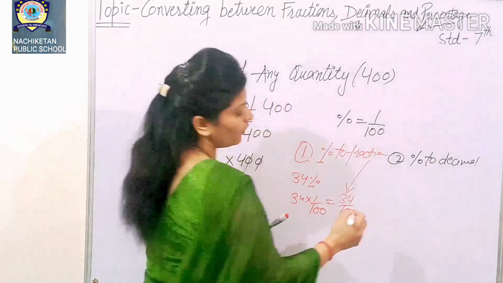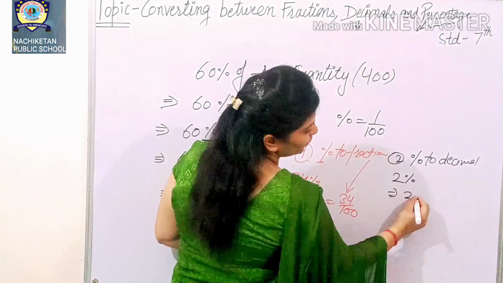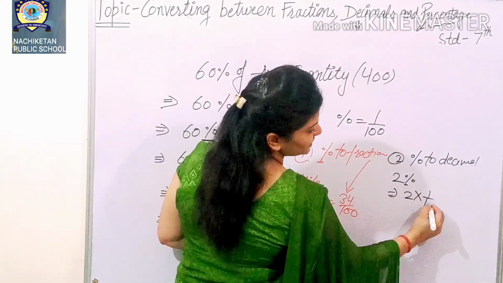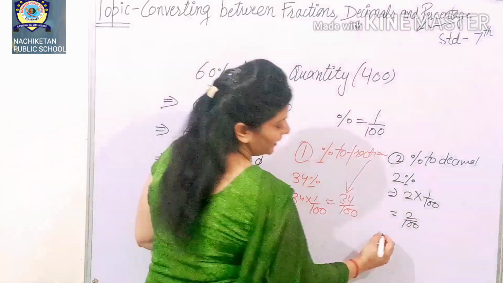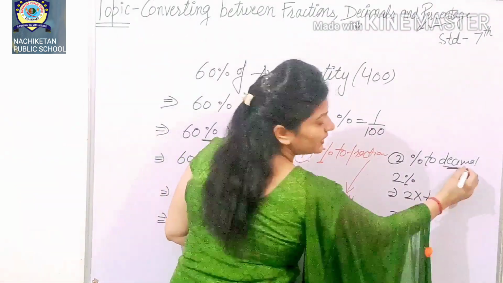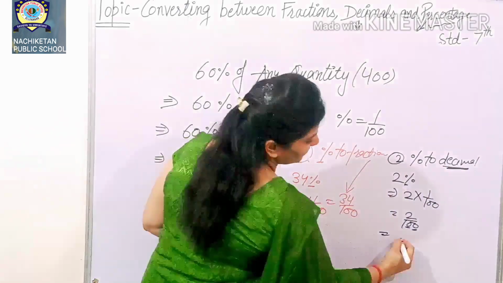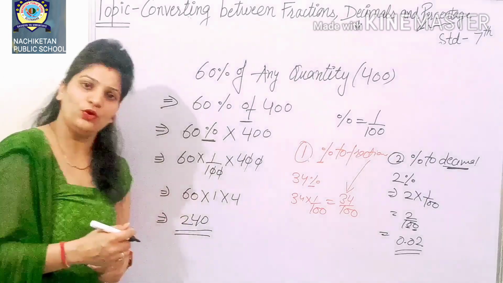This we did. How we will? Suppose that you have 2% and 2 multiply. Percentage changes to 1 upon 100. That will be 2 upon 100. Here are the 2 digits and we have to change into a decimal form. I can write like in this way. 0.02.